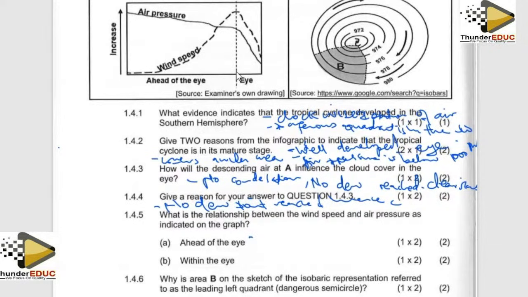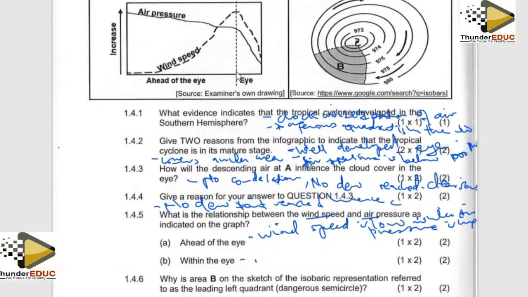So here we shall say that ahead of the eye, what shall we have? The wind speed is low, while the air pressure is high. That is the first relationship. Remember, we are mentioning wind speed and air pressure. So what about within the eye? What do you see here?